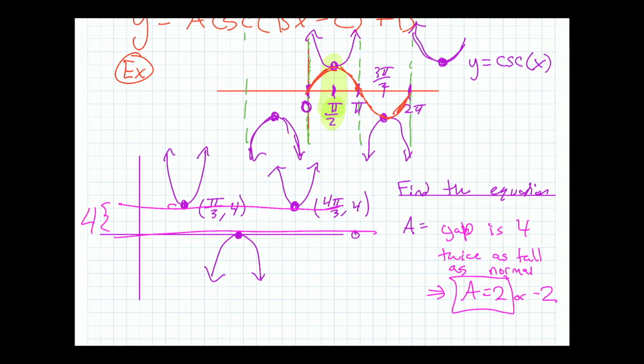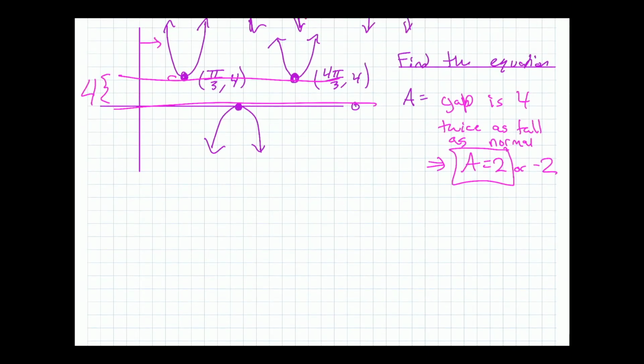The normal axis is right here, and just to the right, you have one of those right side up U shapes. So it's not upside down, so you take the positive one.